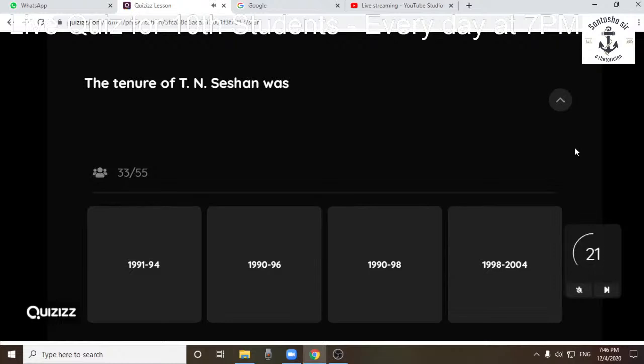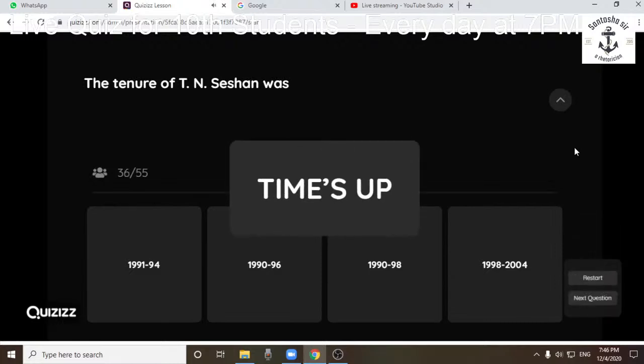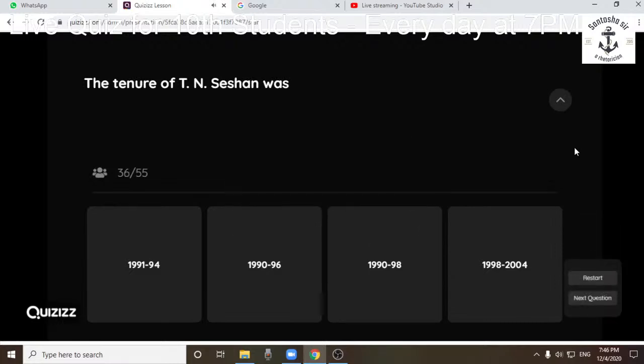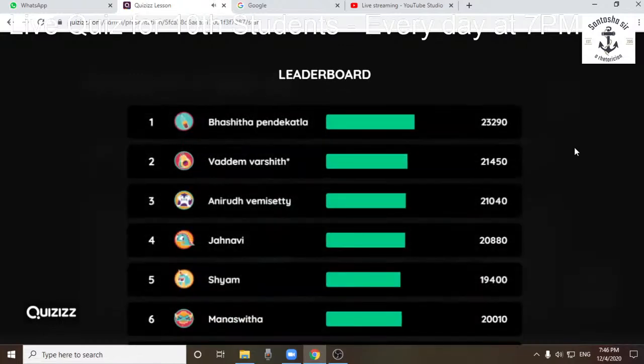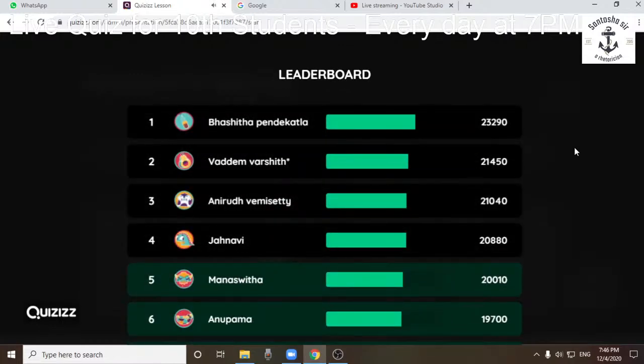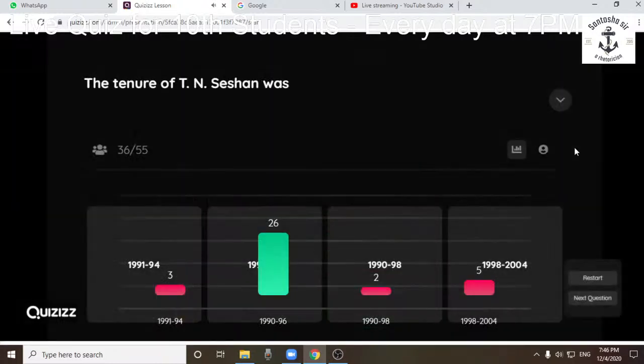The tenure of TN session was. 15 seconds more. 10 seconds more. Time's up. Bashita is leading, followed by Varshit, Anirudh, Jahnavi, Manaswita. 26 members made it right.